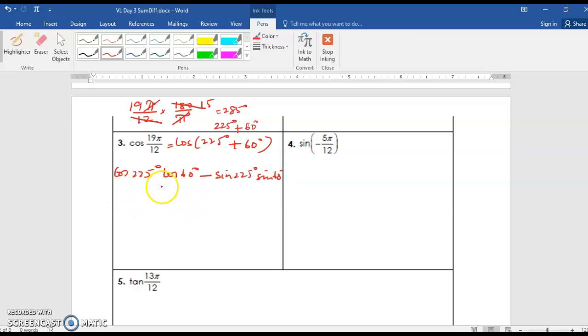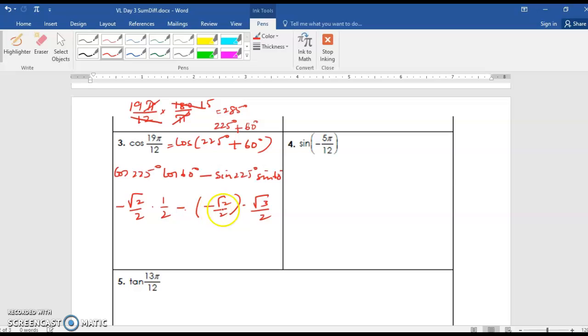Okay, so 225 is in the third quadrant. It's less than 270 and greater than 180. It's in the third quadrant, so cos is negative, and this is negative root 2 over 2. But 60 degrees is an acute angle, so cos 60 is positive. Sine 225, again in the third quadrant, sine is also negative, so this happens to be negative root 2 over 2. And sine 60 is root 3 over 2.